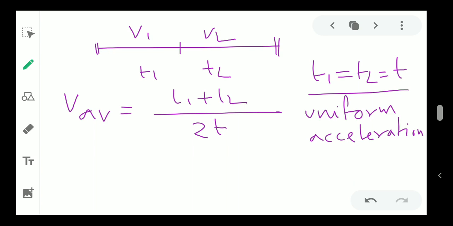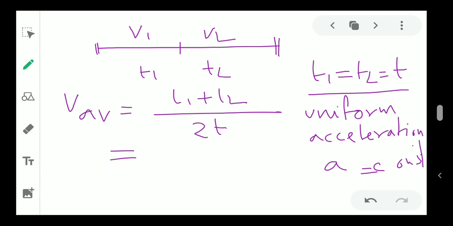Then the change of a with change of time is 0, or rather my acceleration is constant. If my acceleration is constant, the time taken for both cases is the same. We will come back to why it is so.